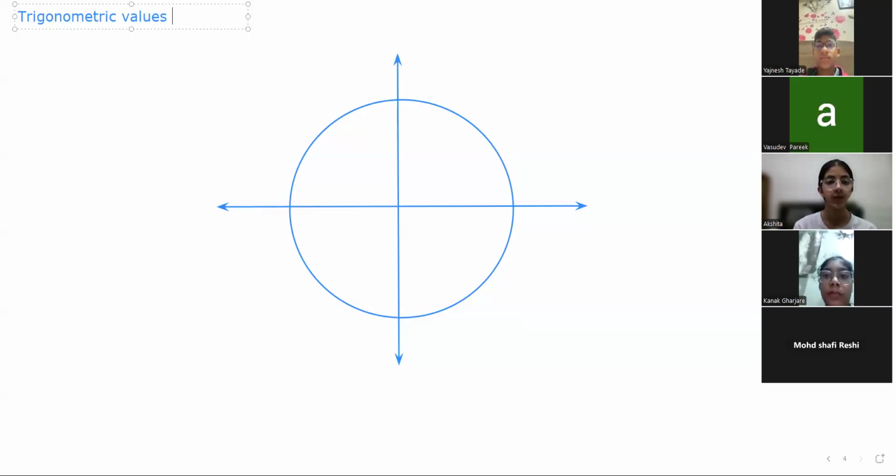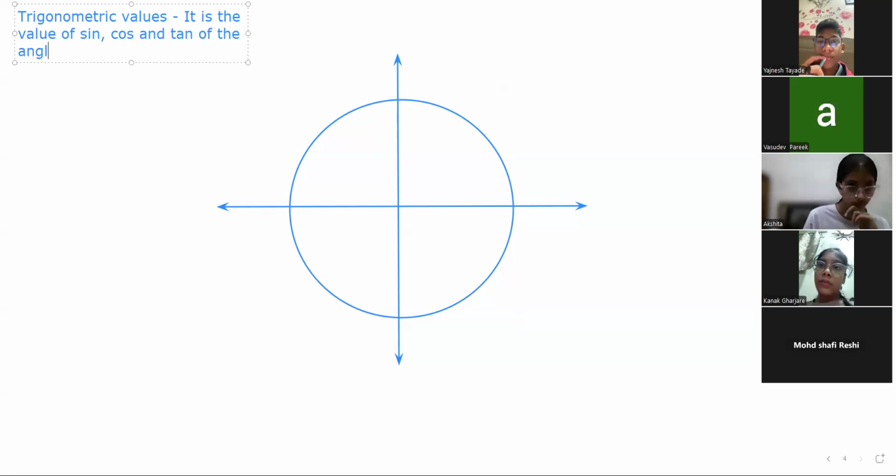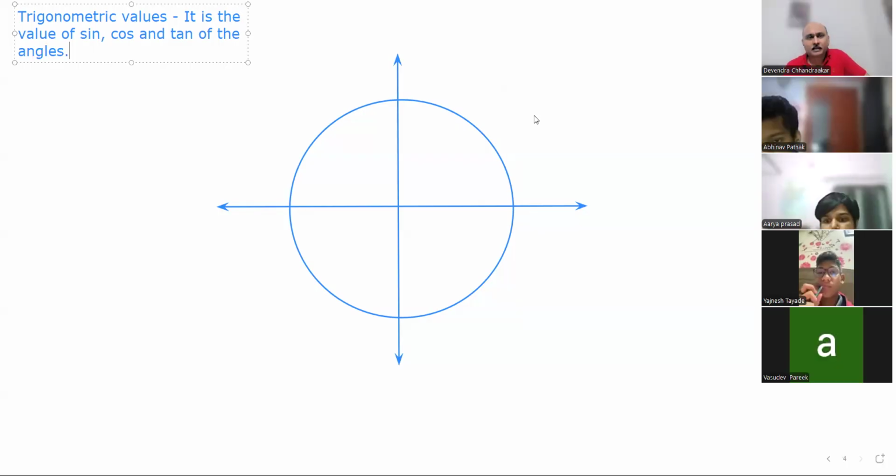So what are trigonometric values? It is the value of sine, cos, and tan of the angles. We are dealing only with the first 3 trigonometric values, which are sine, cos, and tan of the angles, right?